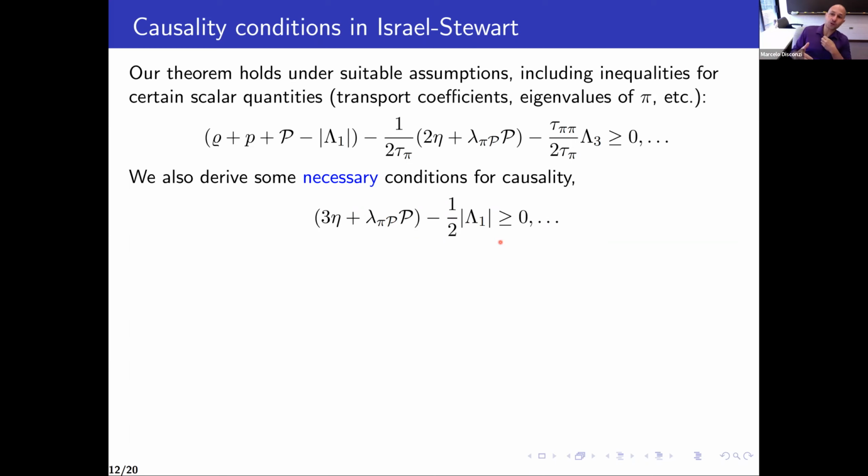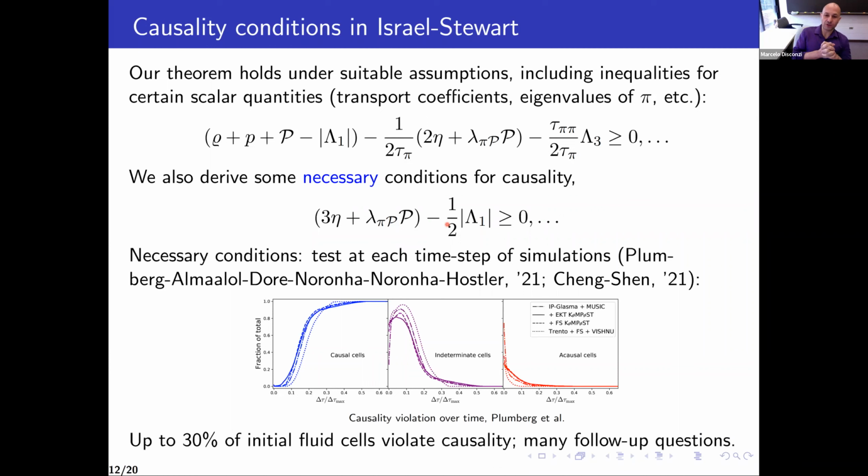So now you can go back to the numerical simulations and you can test at each time step if these inequalities are violated or not. And this is something that was done by two different groups of authors listed here. So they went back to the standard simulation of the quark-gluon plasma, and they found out the following. They found out that in these numerical simulations, up to 30% of the initial fluid cells violate causality. So these simulations are actually being run with causality violations.